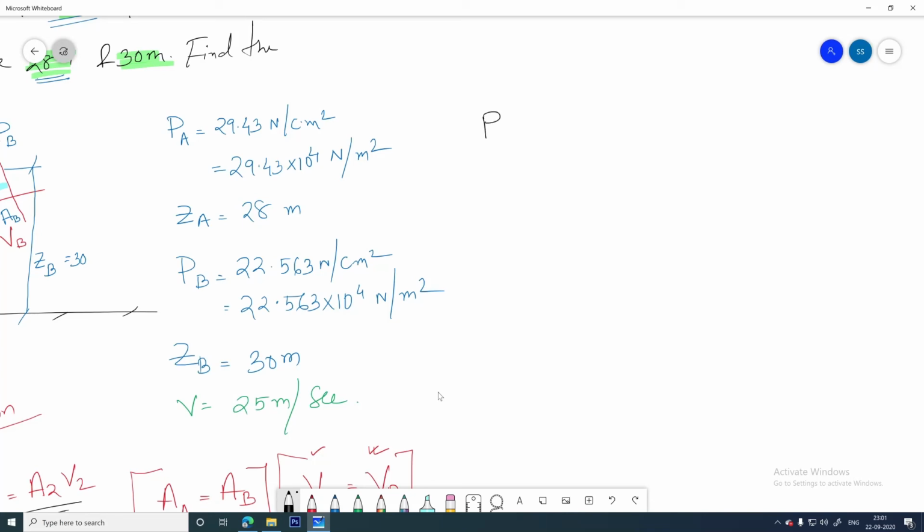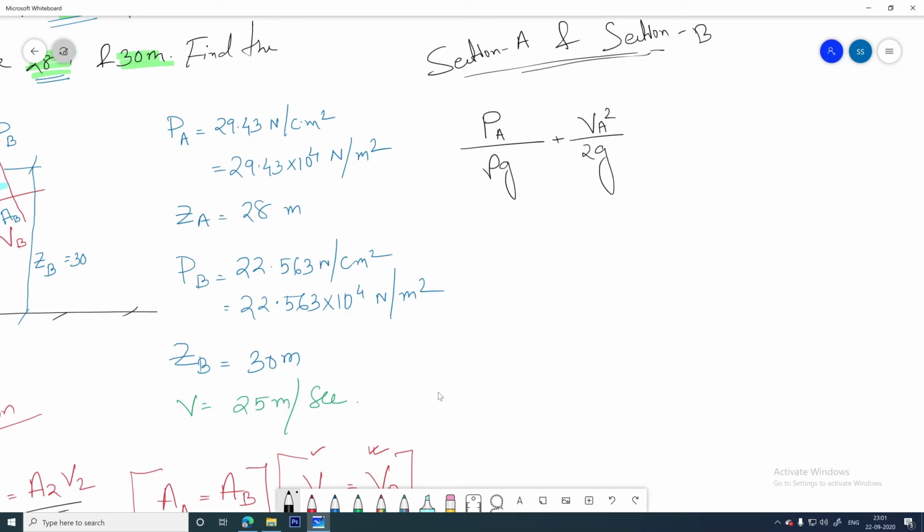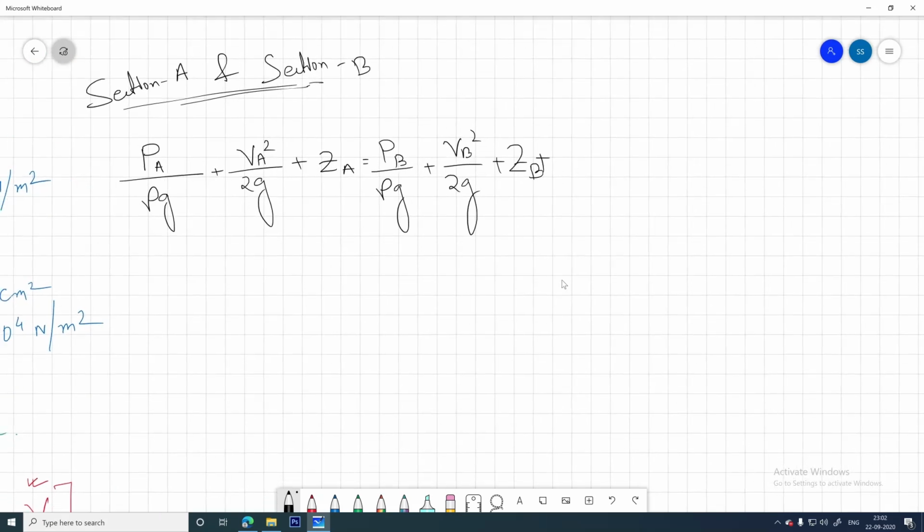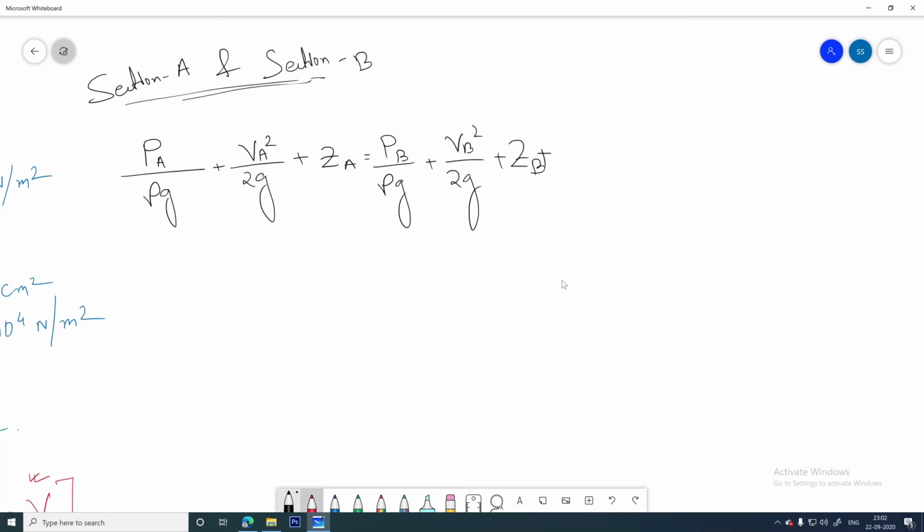If we apply the Bernoulli's equation in section A and section B of the pipe, PA by rho G plus VA square by 2G, that is the pressure head plus velocity head, plus the datum head ZA, equals PB by rho G plus VB square by 2G plus ZB plus HL.